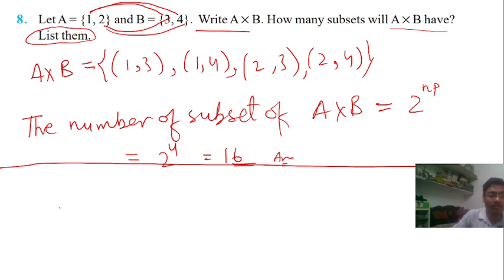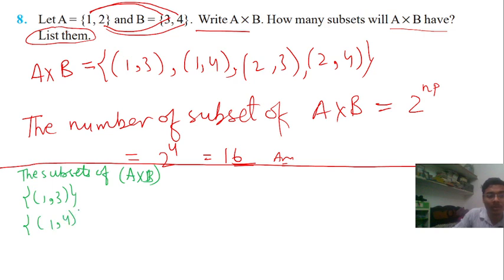Okay, so changing my pen color. The subsets of A cross B will be: first subset individually is 1 comma 3, then the next subset is 1 comma 4, then the next subset is 2 comma 3, and the next subset is 2 comma 4.